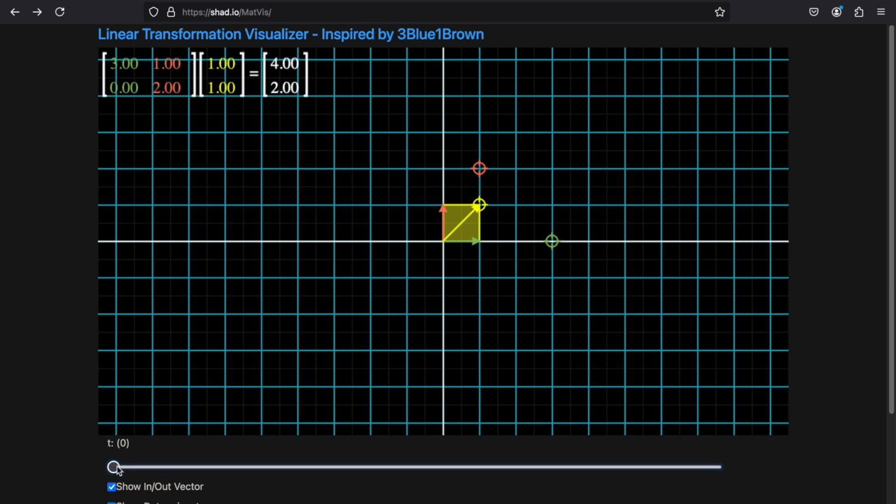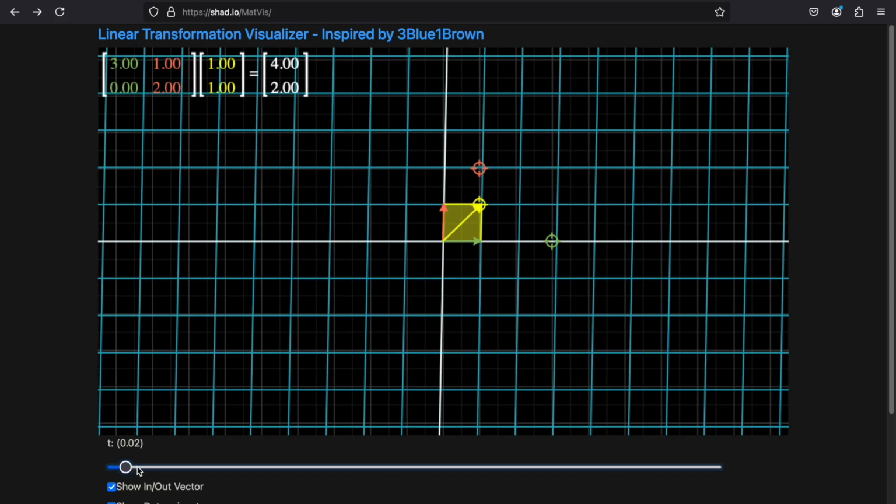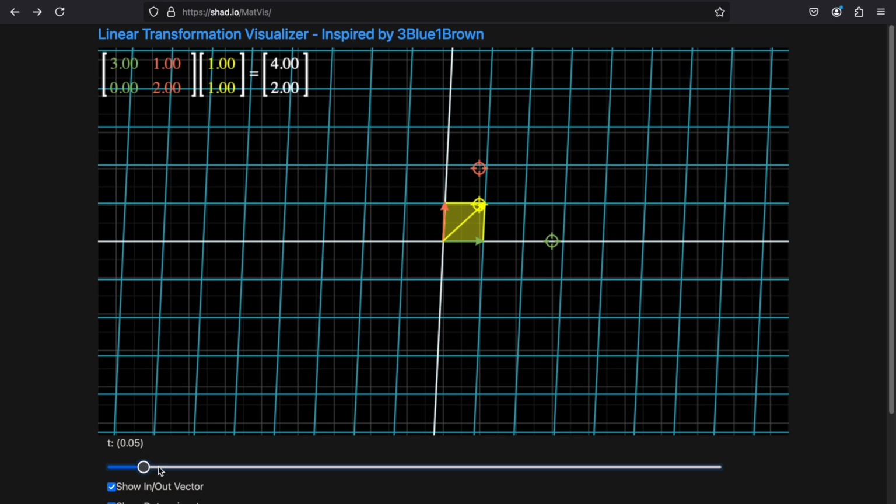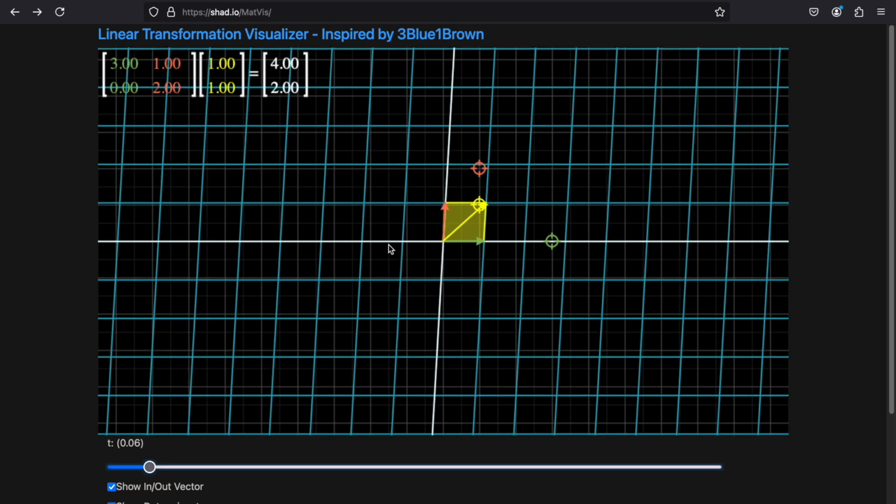How it will look, we are going to see. There is a slider here. If I move this slider, it will visually show me how this input vector space, which is nothing but the R2 XY plane, is going to be transformed. So let me just move the slider. See, it started moving. Now I am going to clarify one thing: in the background, you can see these gray grid lines.